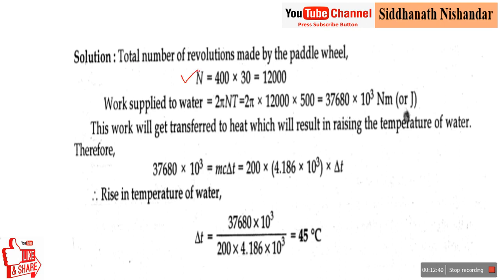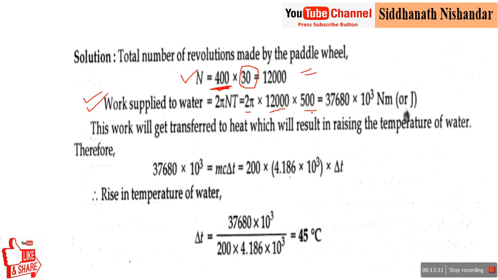First we find the revolutions: 400 revolutions per minute, but the experiment is carried out for 30 minutes, so the total revolutions over the whole experiment is 12,000. So the work supplied to the system is 2 pi N T. 2 pi is constant, the revolutions we have found, and the torque is given in Newton meter.